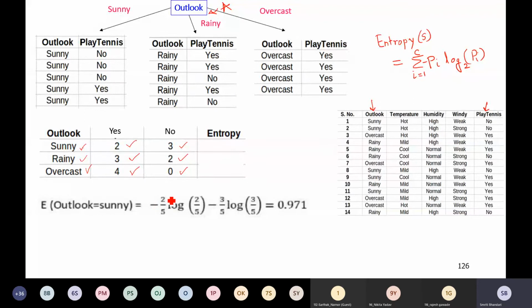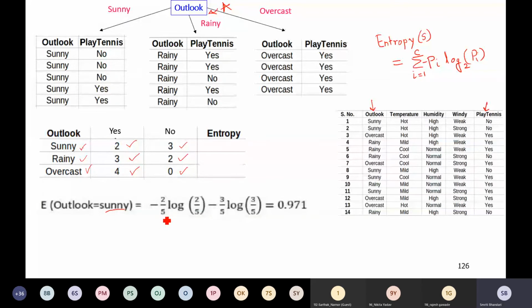Here C is 2, because we have 2 classes, yes and no, correct? And we are computing the entropy for sunny.